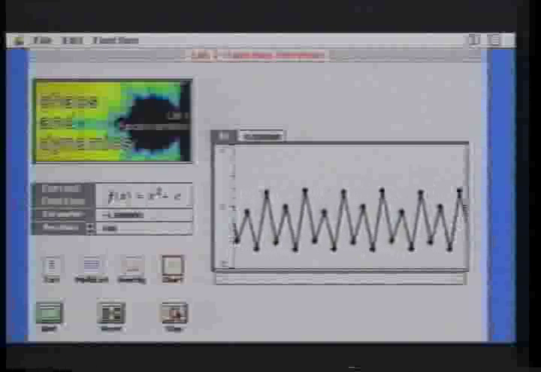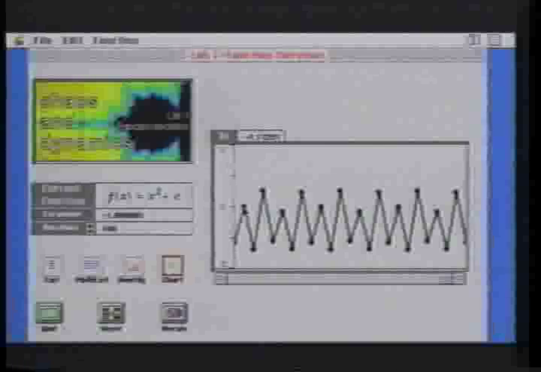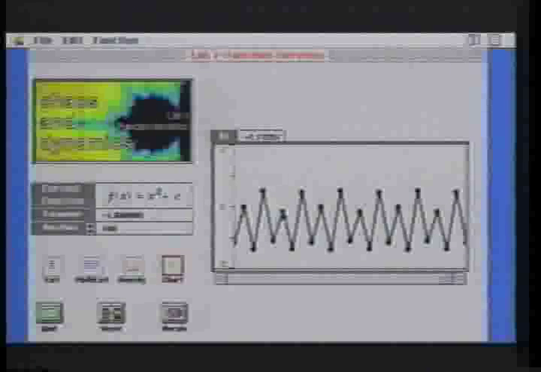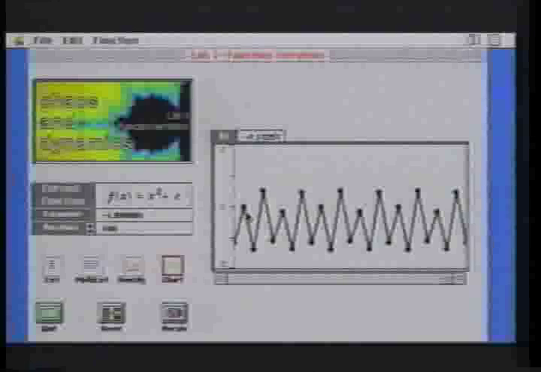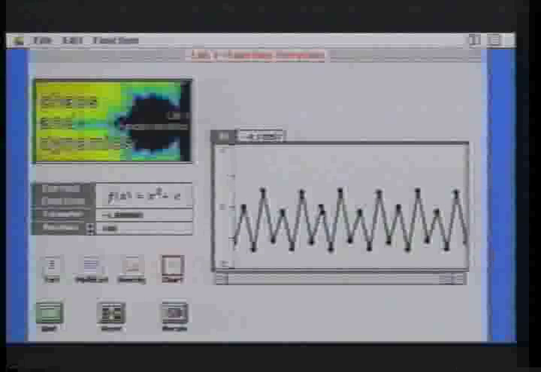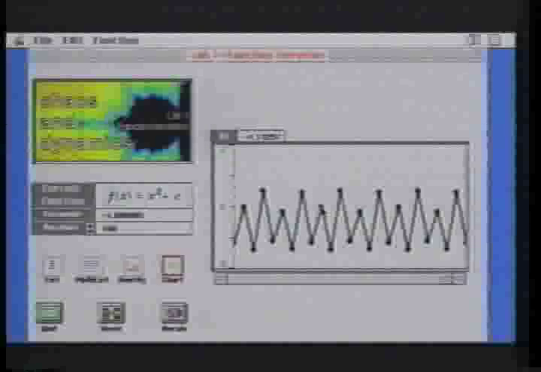Let me stop the iteration right about here. Notice that at this point we're at essentially 0. If I iterate 1, 2, 3, 4 times, I come back close to 0, but actually a little bit below. I've got to iterate 5, 6, 7, 8 times before I return to 0. So this is a cycle of period 8.